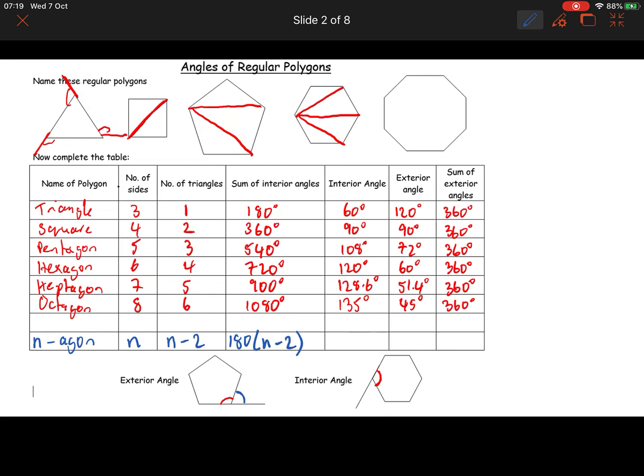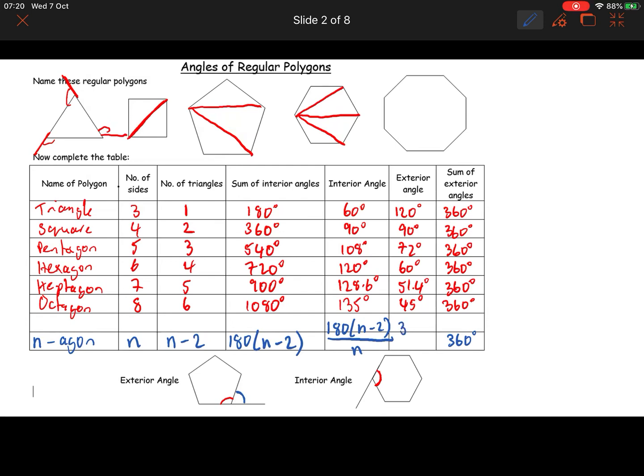Okay? What's the size of one interior angle? Well, it will be 180 times n minus 2 divided by n number of sides. Okay? Should be fairly easy, that. The sum of exterior angles is always 360 degrees, no matter what. So that's just going to be 360. What's the size of one exterior angle?